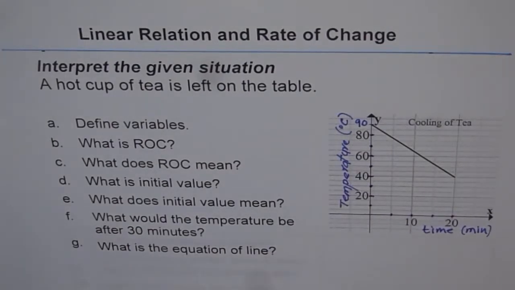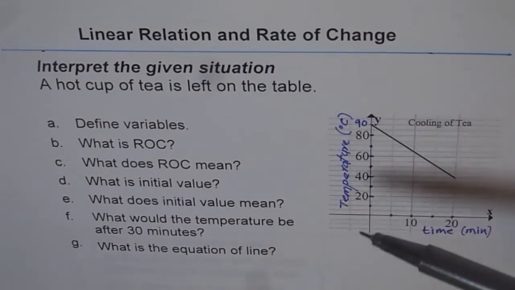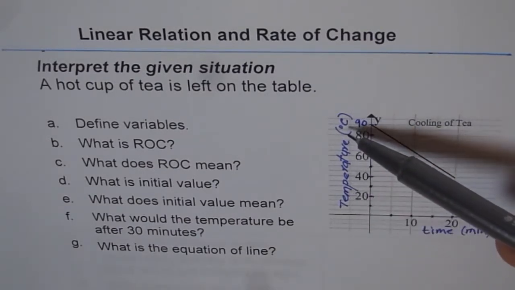So now we can make a story and say, well, on the horizontal axis we have the independent variable time in minutes, and on the vertical axis we have the dependent variable temperature in degrees centigrade.